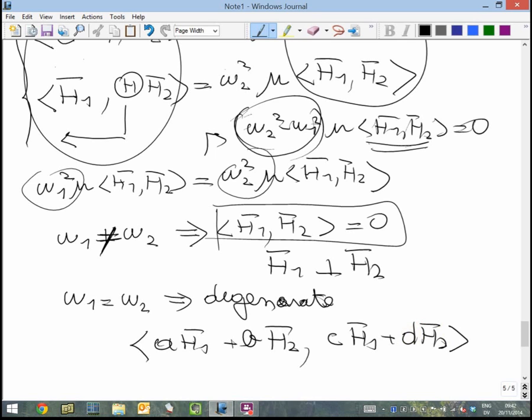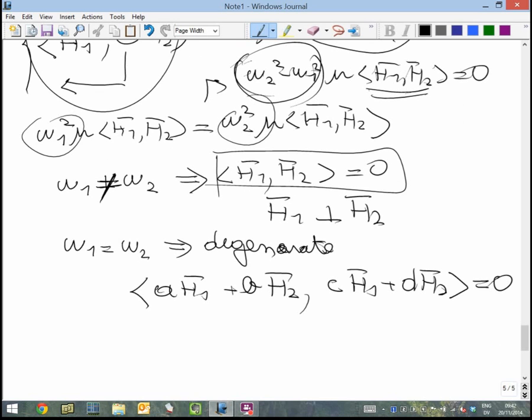And you can prove that it's possible to choose these values a, b, c, d in such a way that these two new functions, which obviously will still be solutions, will be orthogonal to each other. So in general, it will always be possible to construct eigenfunctions of a Hermitian operator which are orthogonal, even if you have degenerate modes.